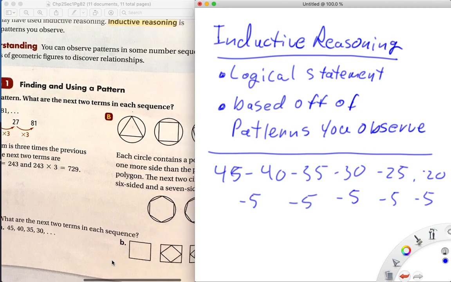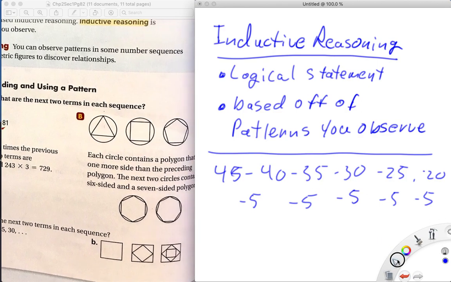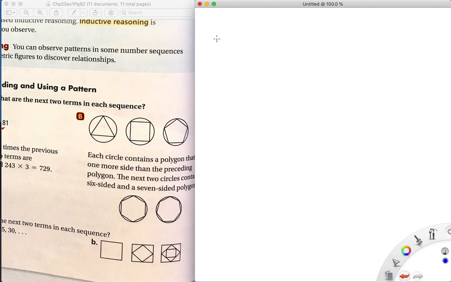The next picture, or pattern rather, we have this rectangle. And then this rectangle has another quadrilateral in it that has its corners hit at every side like that. And then in that, it has a piece like this. Again, they want to know the next two patterns.